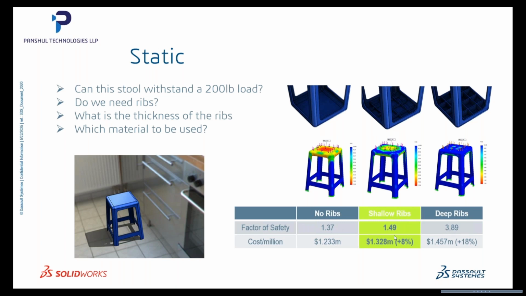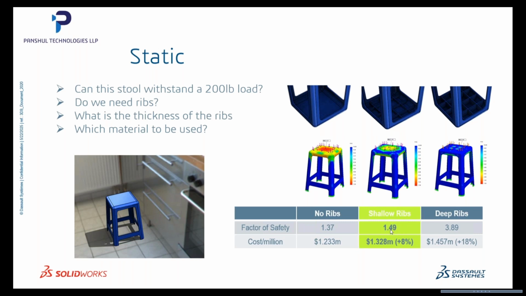Ultimately, considering that we should save some material as well as some cost for the company, and also not compromise on the factor of safety, we selected this 1.5 as the correct one, the go ahead one.